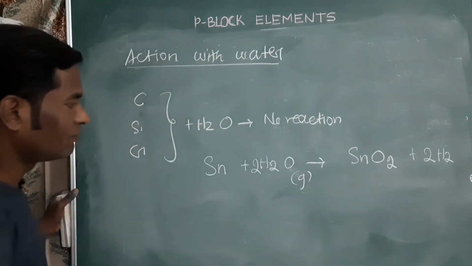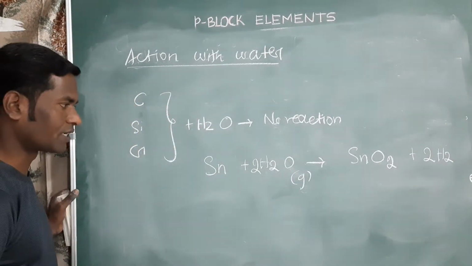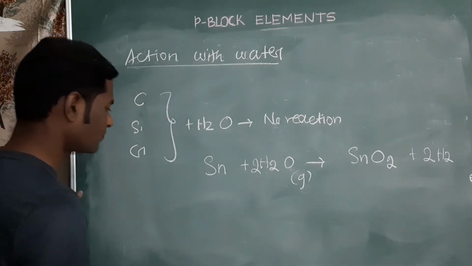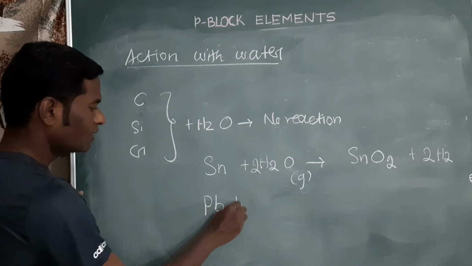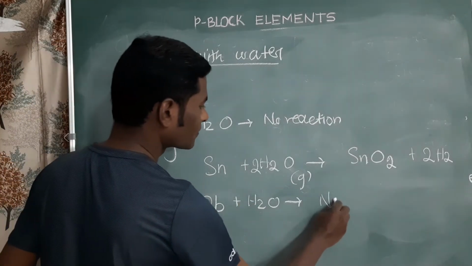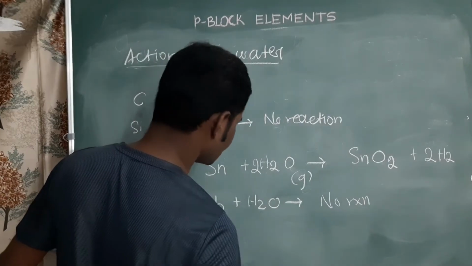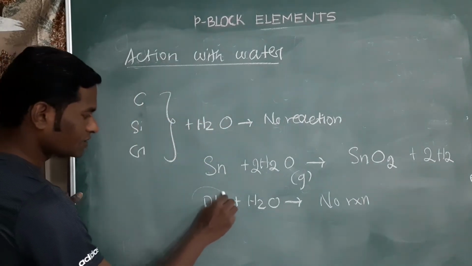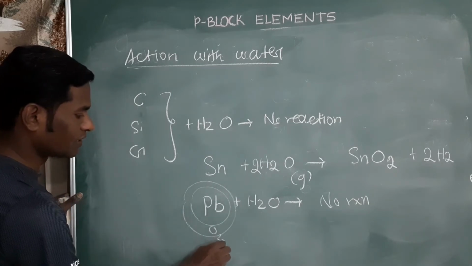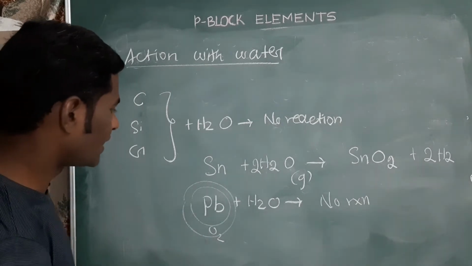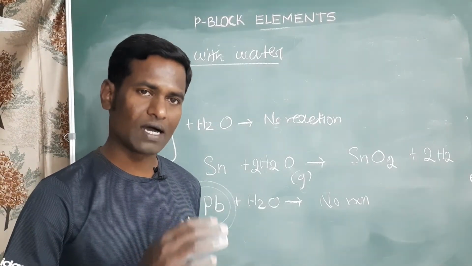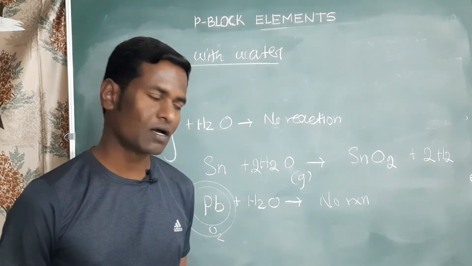Tin is affected only by steam, not ordinary water, to form the corresponding oxide SnO2 and liberate hydrogen. Lead also shows no reaction with water. The surface of lead is covered with lead oxide, forming a protective layer which prevents further attack by water, acid or base.